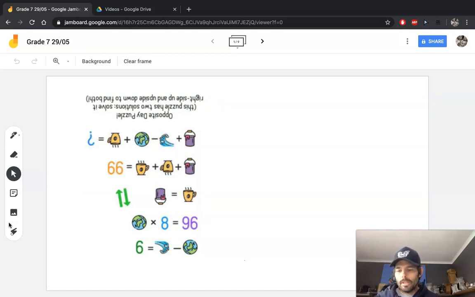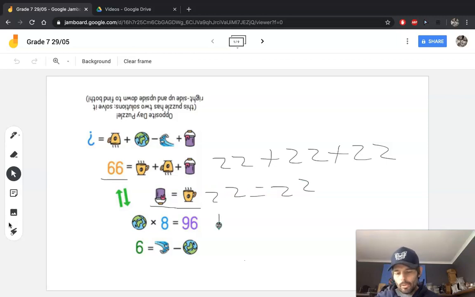So now you can see that the cup and the paint are still equal, but now I've got 66. So that's 22 plus 22 plus 22 equals 66. So we know 22 equals 22. The earth remains 12 multiplied by 8 equals 96.